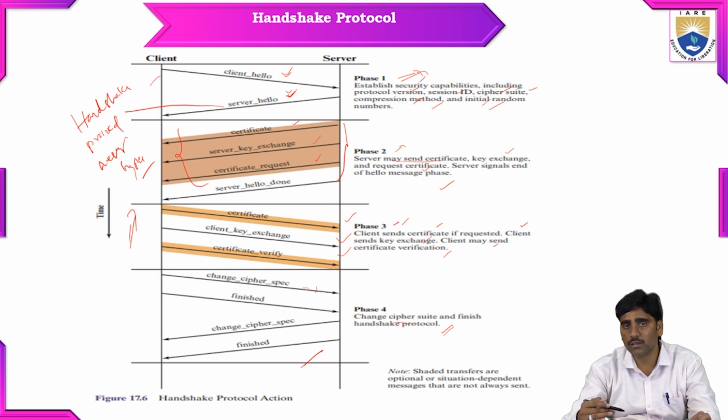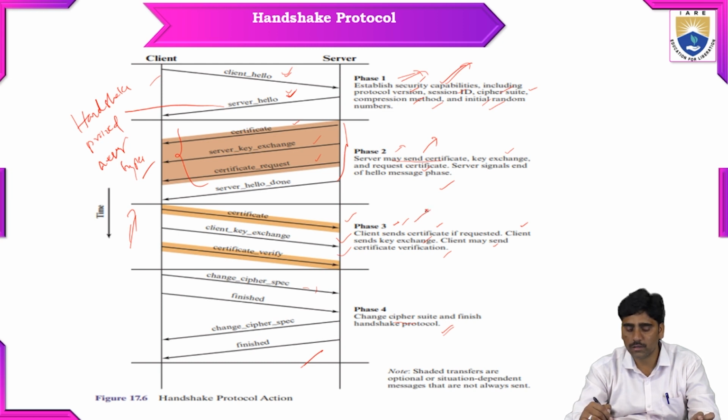So what are the phases actually? There are different phases. The first phase is establishing security capabilities. The second one is the server sends some certificates that are going to authenticate for the client.